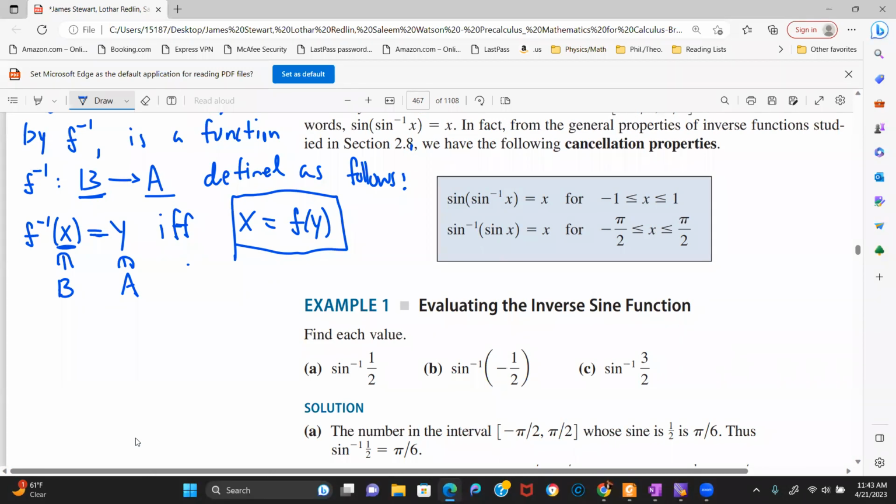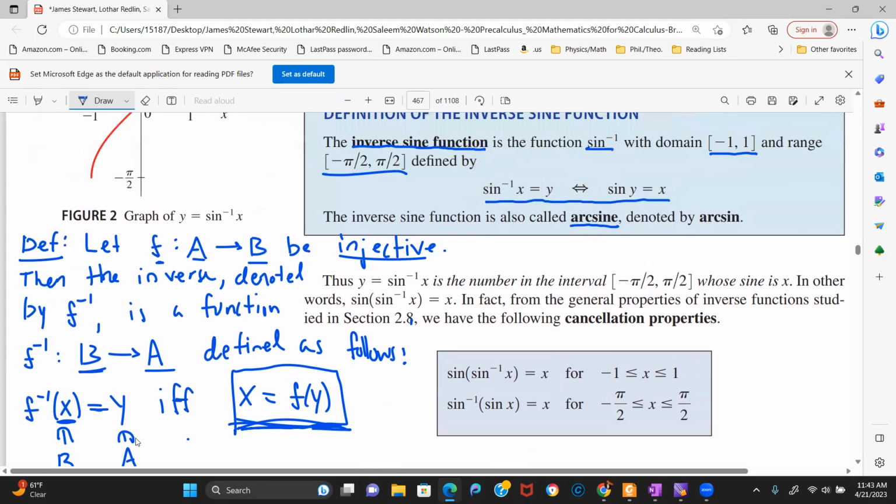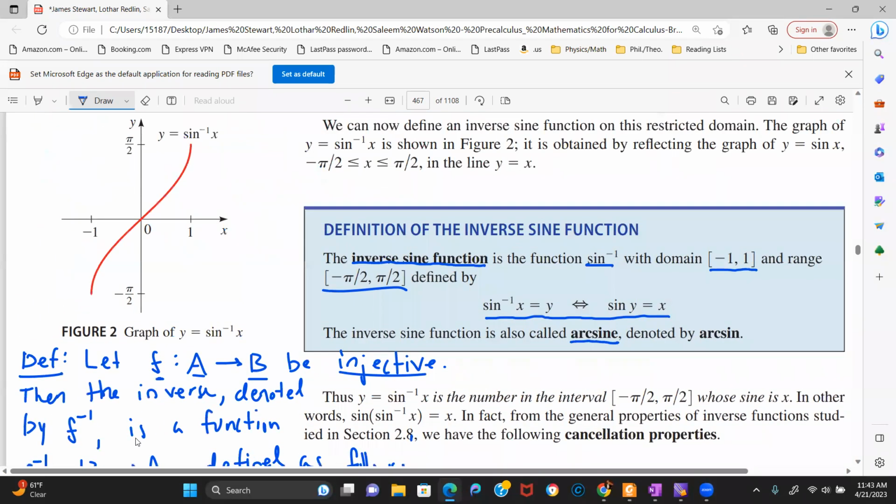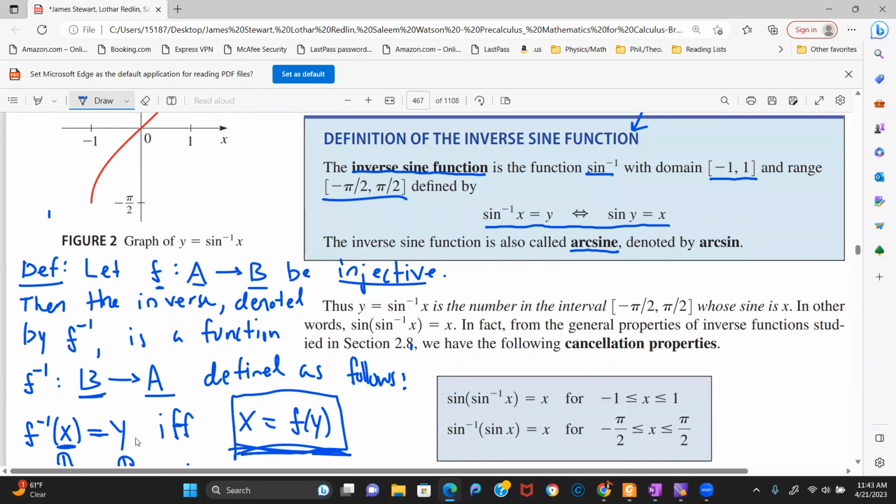But y has to be such that this equation holds. And so this gives you a way of solving for y and finding out what y is in terms of x, and then you know what the inverse does. And so this definition right here is just an application of this definition right here.